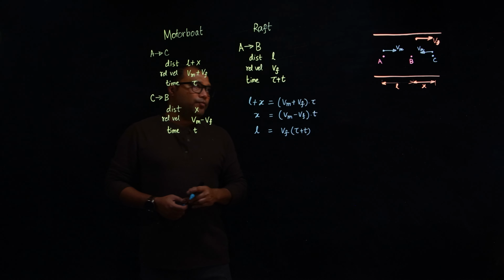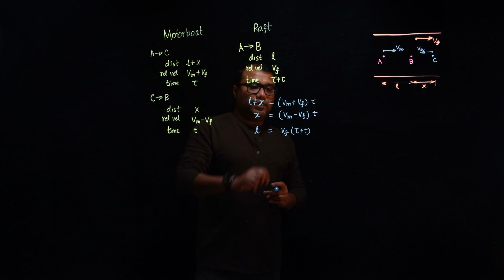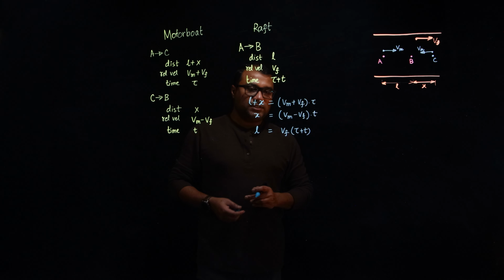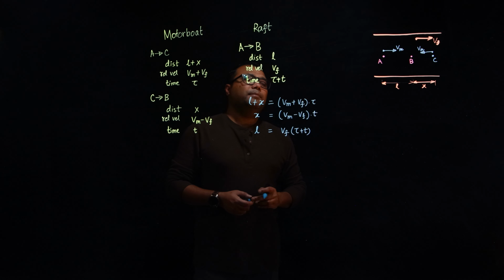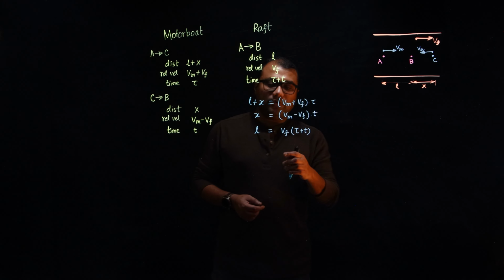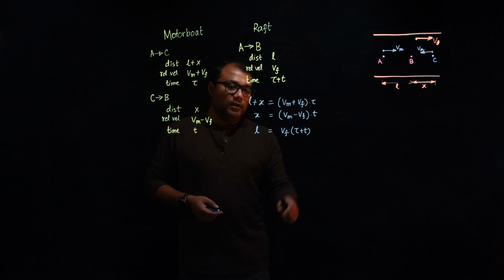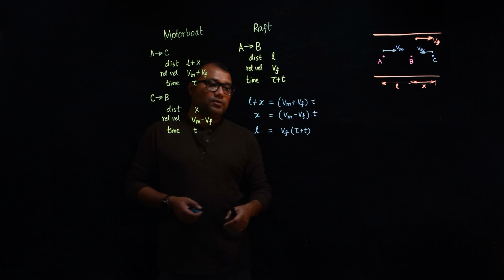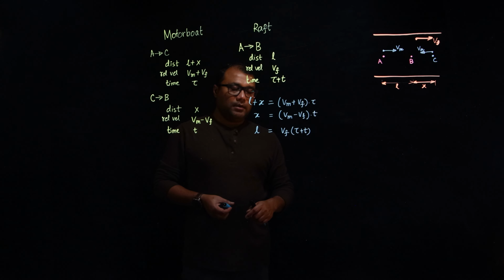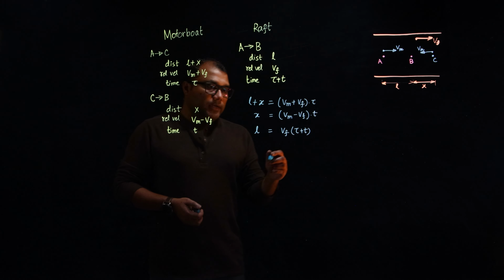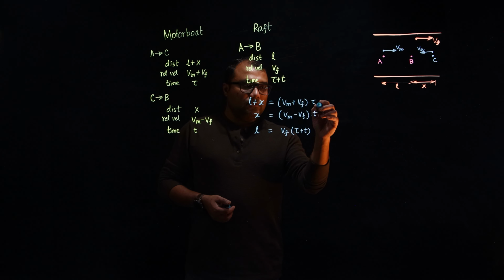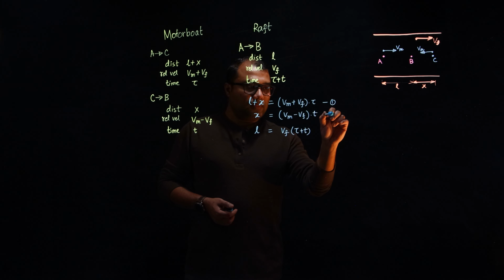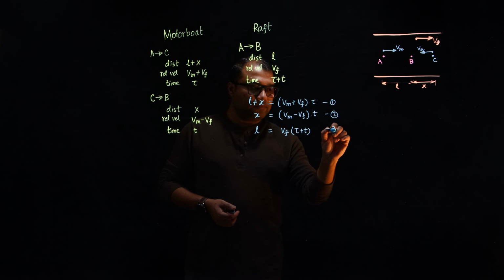Now our goal is to find the flow velocity, which is Vf. Vm is constant, so that's fine. T is unknown, x is unknown, Vm is unknown. Okay, let's do this. These are three equations.